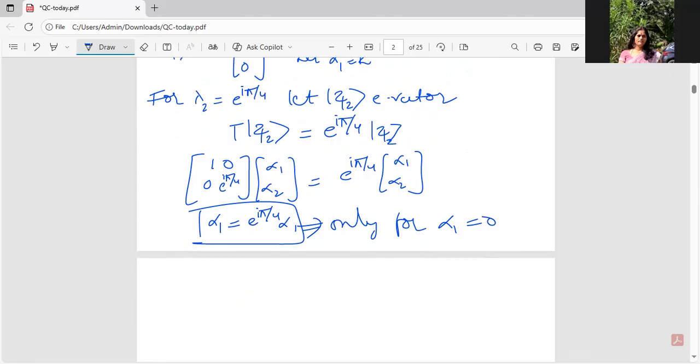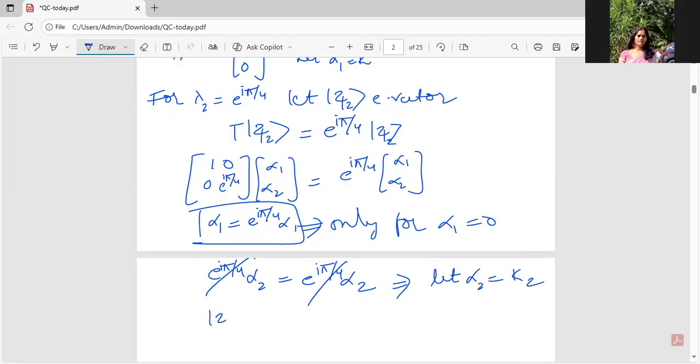Because again, it results in the same case where a complex number is equal to a real number. Okay, guys? Now you see, coming to the second thing, e power I pi by 4 alpha 2 is equal to e power I pi by 4 alpha 2. So I cancel out e power I pi by 4. Alpha 2 is equal to alpha 2. So what I'll choose is let alpha 2 is equal to some K2.